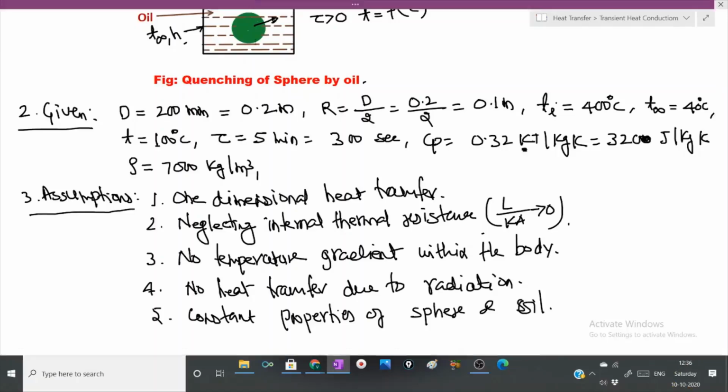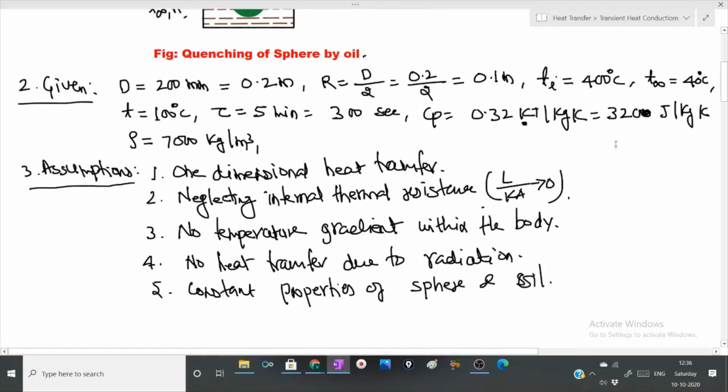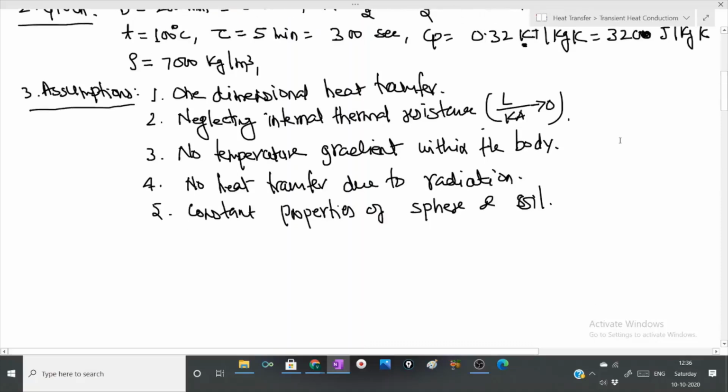That is, the sphere material is homogeneous and isotropic, and oil properties are constant. That is, its H value is constant. So I can write here K and H values are constant. They are not going to vary with respect to direction and temperature. So these are the assumptions involved.